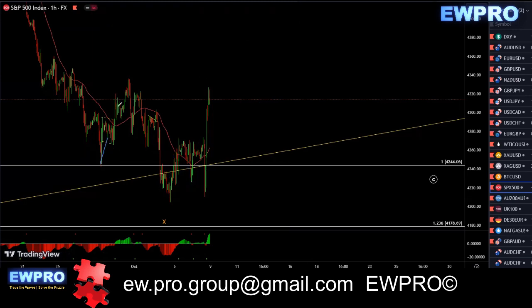Again, this may be an A, B, C as a flat. You have to take this into consideration. If you're buying up the top here, it falls over, and you've just lost a heap of pips. Definitely don't want to do that. You want to be waiting for this wave to be over, get your correction, and then look for your buy.